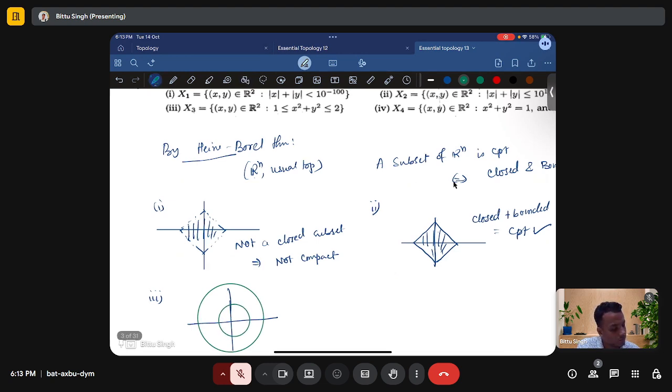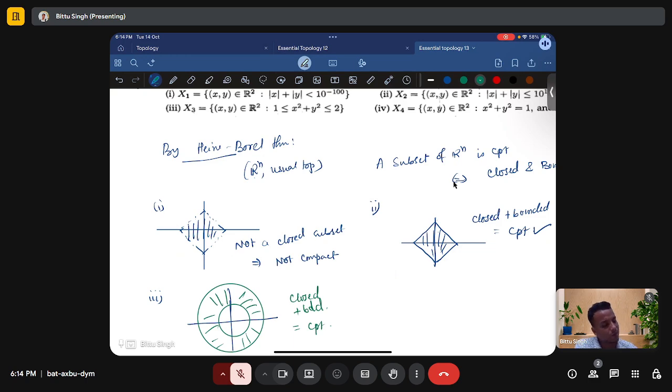So this is the region actually. This part. This is again closed, and boundedness is also clear. Why closed? Again, if we take any point from the complement, then there exists an open neighborhood contained in the complement. So it is closed and bounded. Therefore, it is compact.